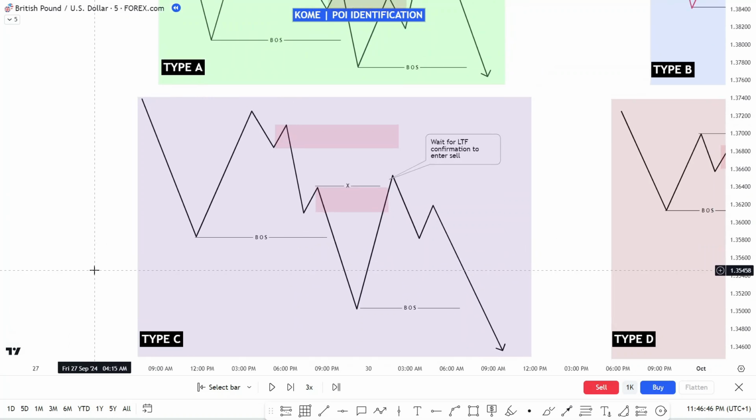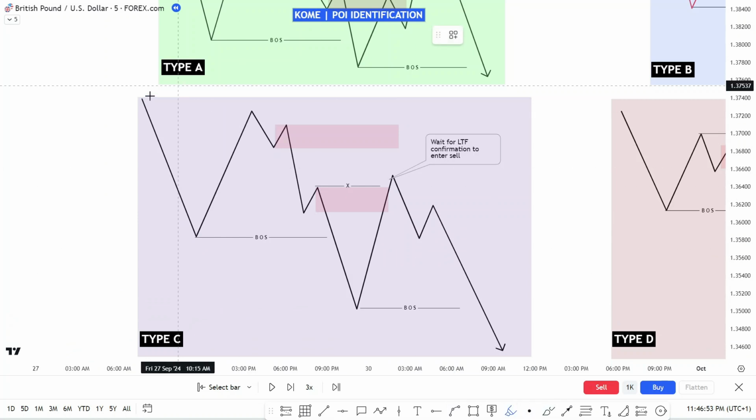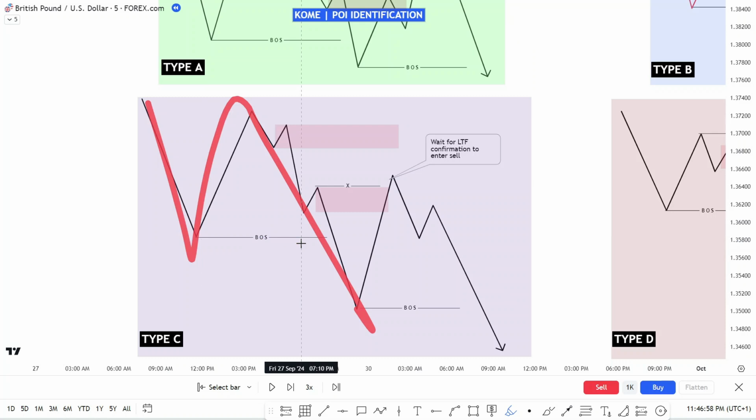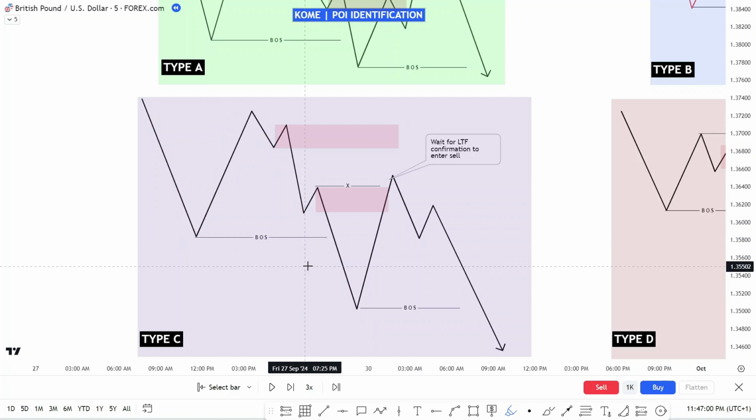This is quite different from the two which I just explained earlier. So we must pay attention to get things right. Price kept pushing to the downside, broke structure, which means our trend direction is confirmed. We are bearish. So where is our actual point of interest?